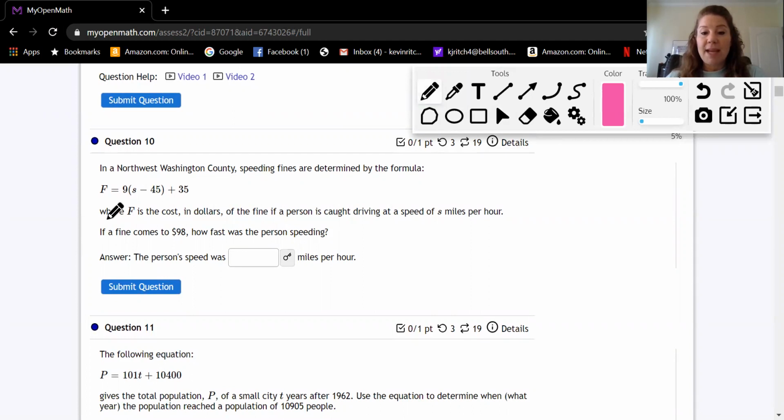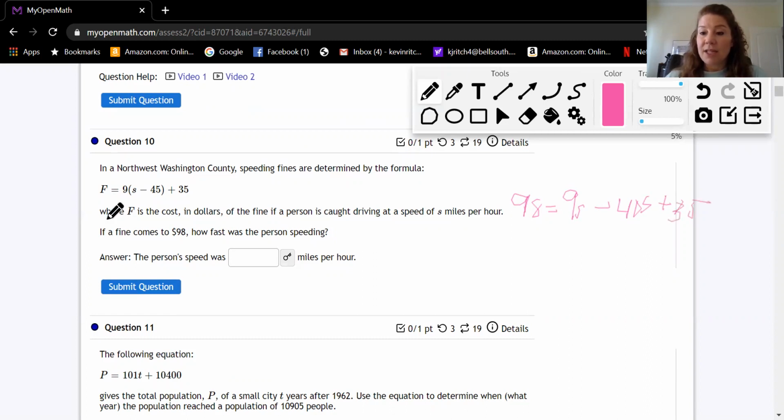So we're going to make F 98, and we're going to set that equal to, we can distribute that 9, so 9S minus 45 times 9. 45 times 9 is 405. 405 plus 35.